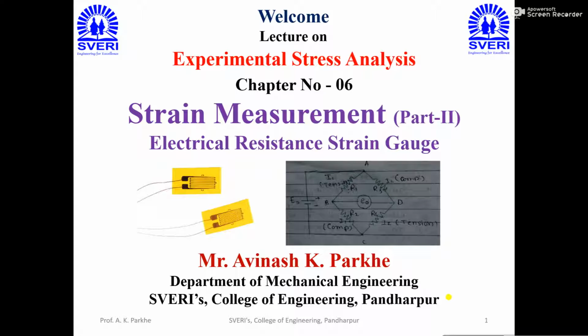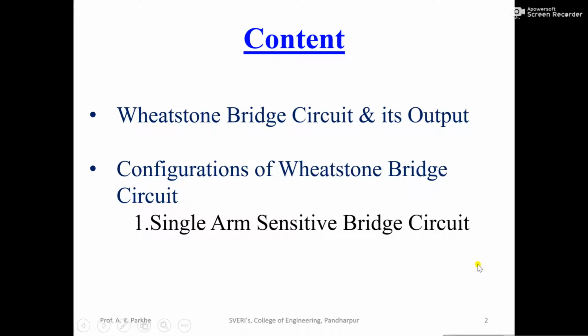And at the end, we discussed gauge factor, which is a constant parameter we have to consider wherever we use strain gauges. We defined it, and using that definition we derived one small formula, which we will use in part 2 of this chapter. In part 2, we are going to discuss the Wheatstone bridge circuit and its output, that is, how it is useful in strain gauge applications.